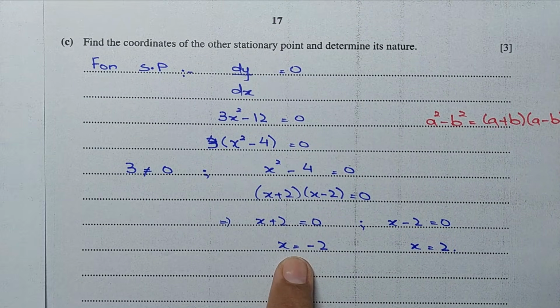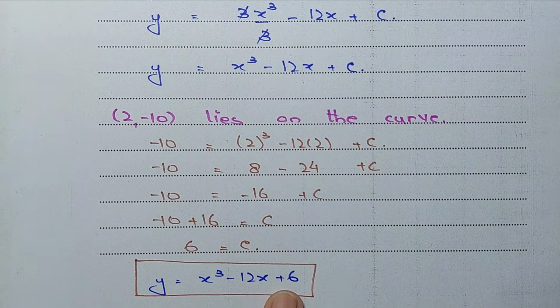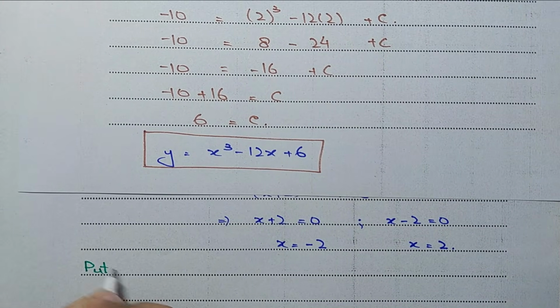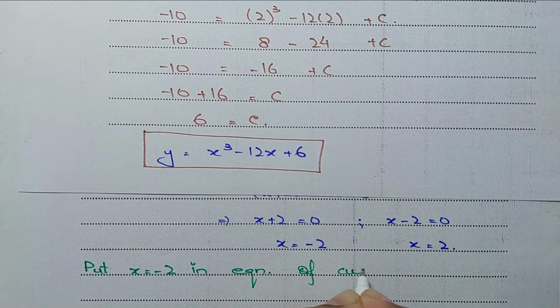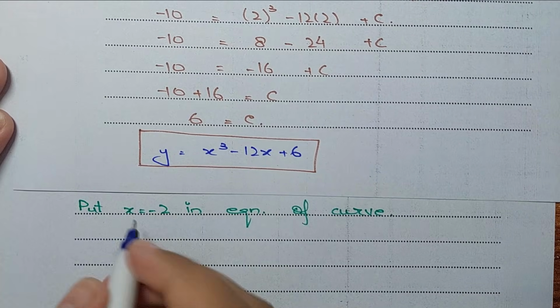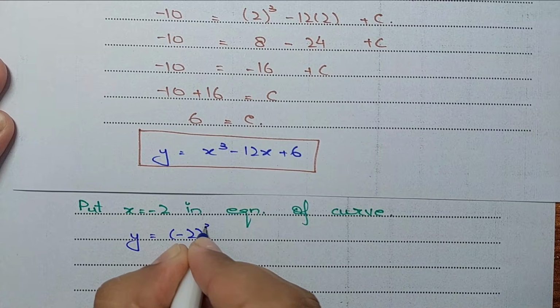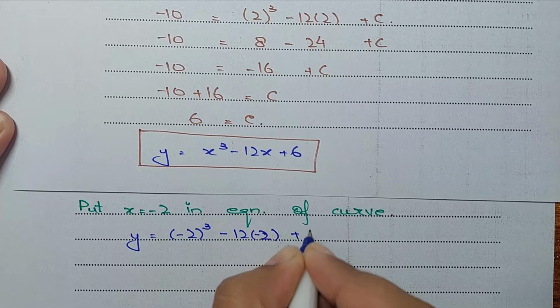We need to find just the other stationary point. When we have the x coordinate, just substitute the x value into the equation of the curve to get the y coordinate. Here we put x equals negative 2 in the equation of the curve, y equals x cubed minus 12 times x, which is minus 2, plus 6.